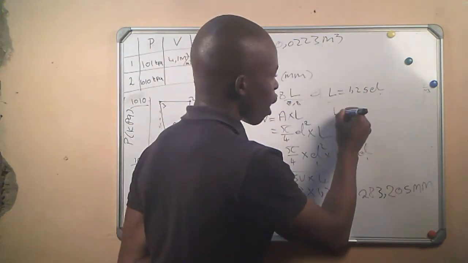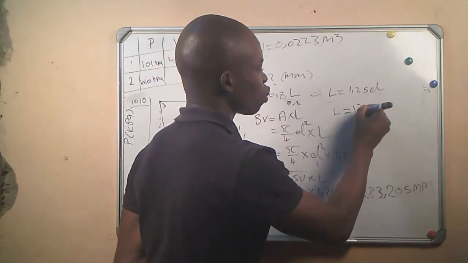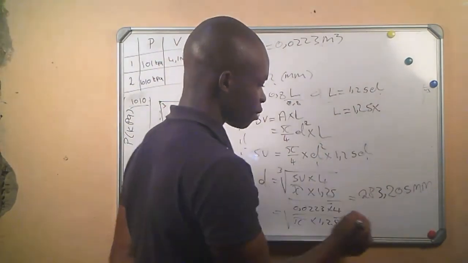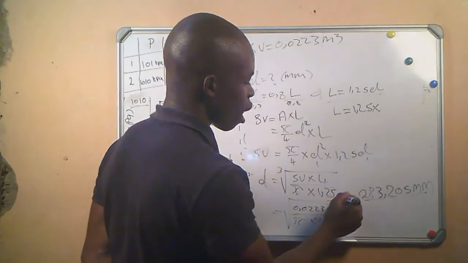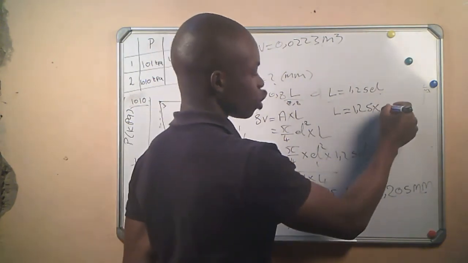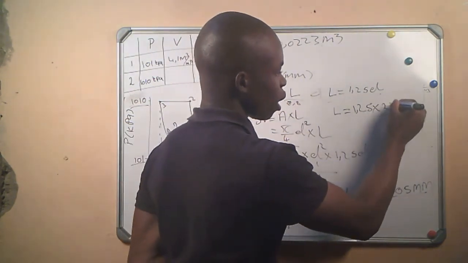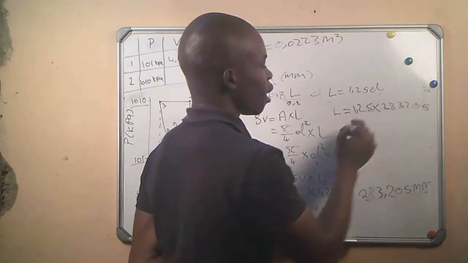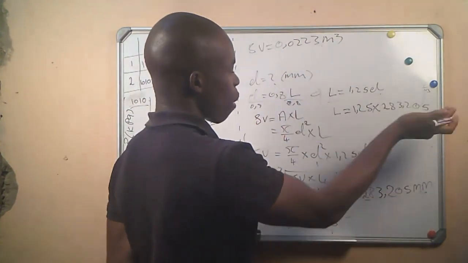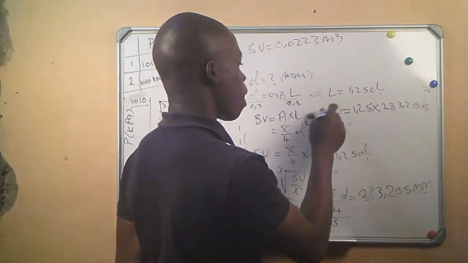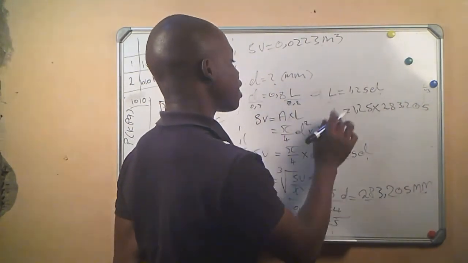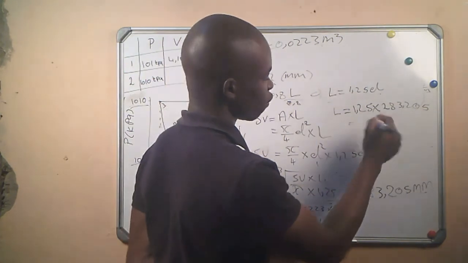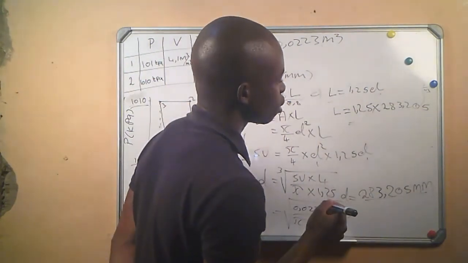We say our L equals 1.25 times the value of our diameter, which is 283.205. And since this is in millimeters, this answer will also be in millimeters, so no need for conversion in this part.